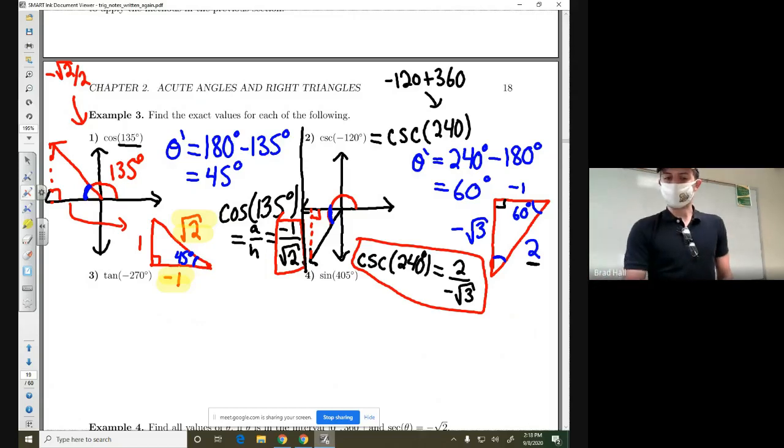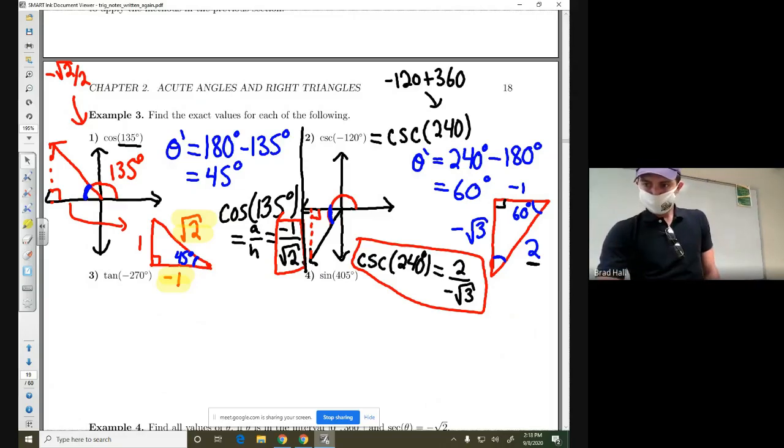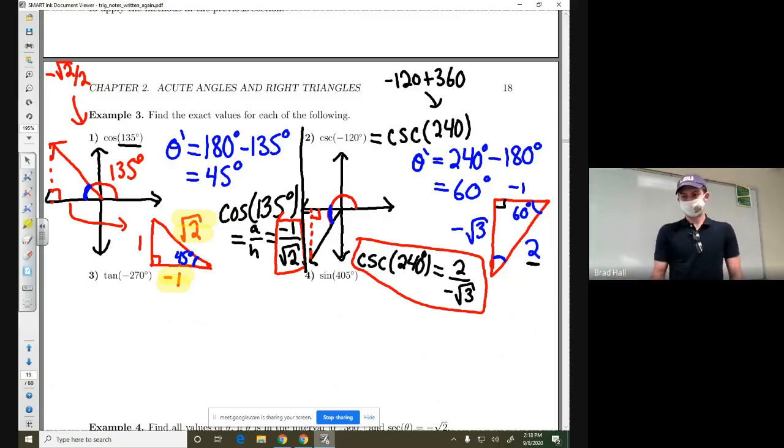Let me make sure I did that right. 1 over sine. Sine is opposite over hypotenuse, so then we switch that. So it's hypotenuse over opposite. Hypotenuse is 2, and the opposite of 60 is negative square root of 3. Okay, cool. So that would be your answer.